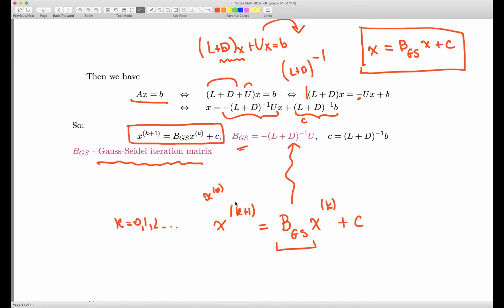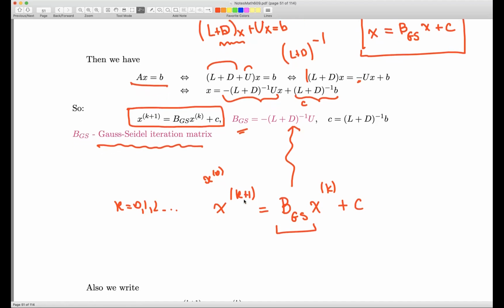Now here, there is not a nice way to write down the Gauss-Seidel iteration matrix. Moreover, it is never, in fact, used explicitly, except maybe for some theoretical discussions or error estimates.